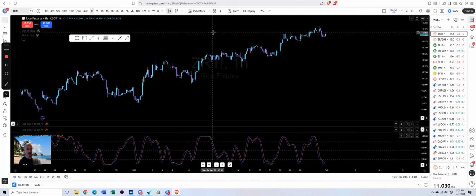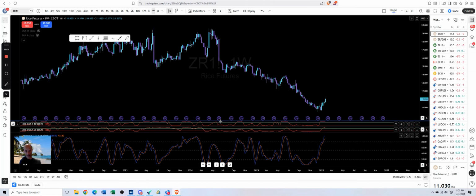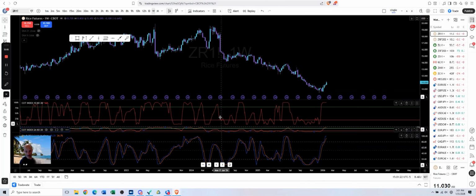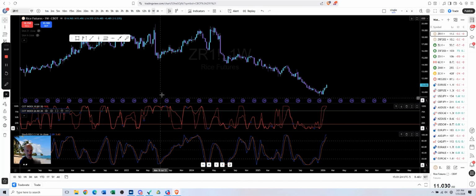So you do what you got to do as far as when you decide to enter versus when you're going to exit, and what method you're going to use. My whole point is to say I'm only looking for longs here because I'm looking at the commitment of traders level. I see that they are long.